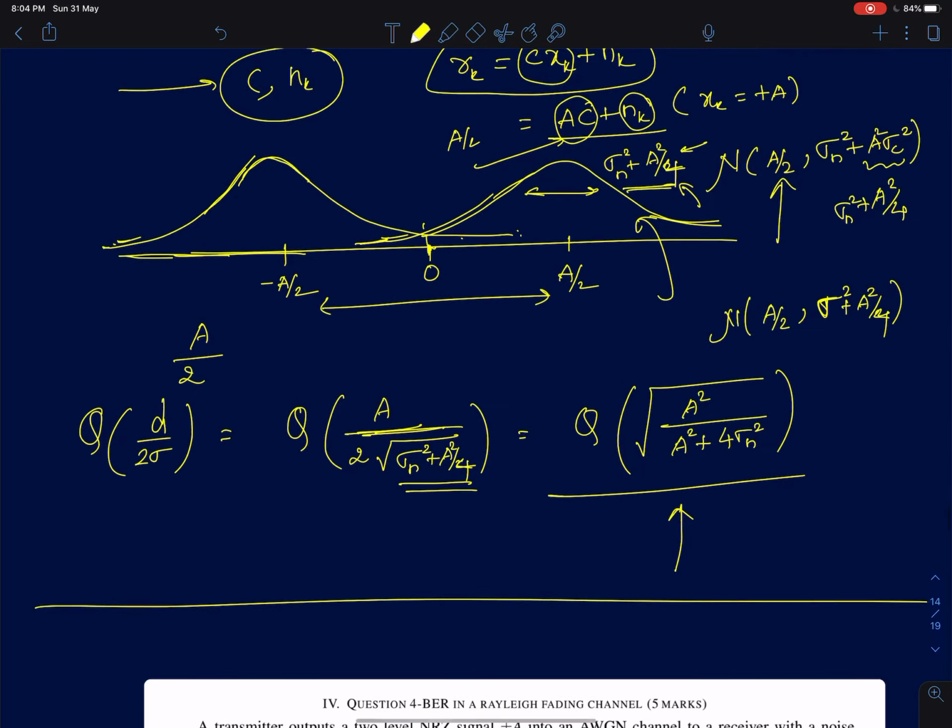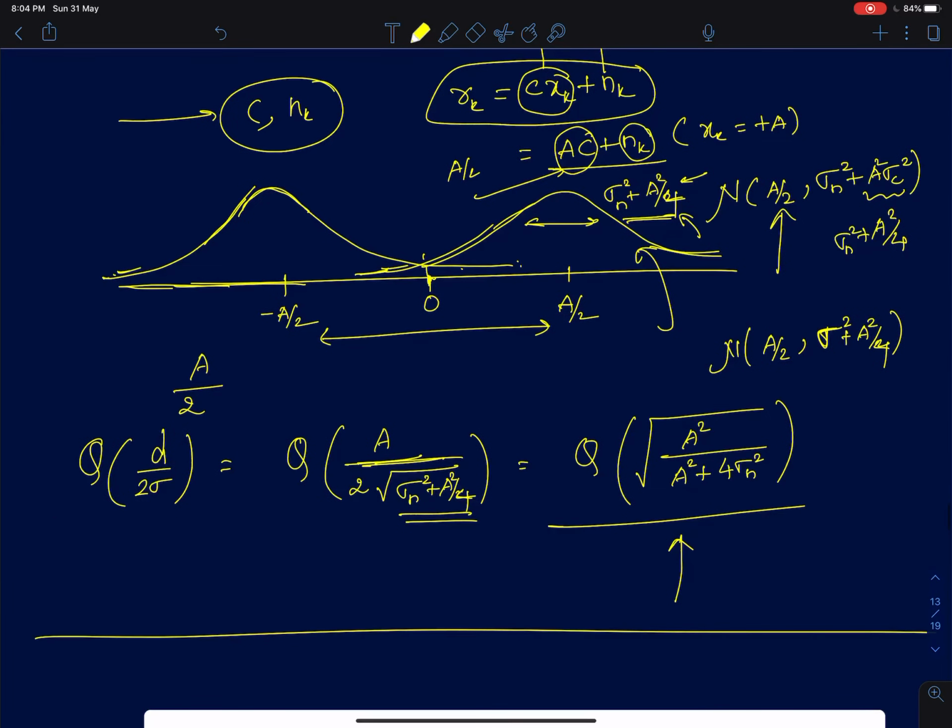If you see, we can actually slightly modify this result. You can write it as Q of root of SNR by SNR plus 4. From this equation itself, you can see that if SNR becomes equal to infinity, you will be left with 1.